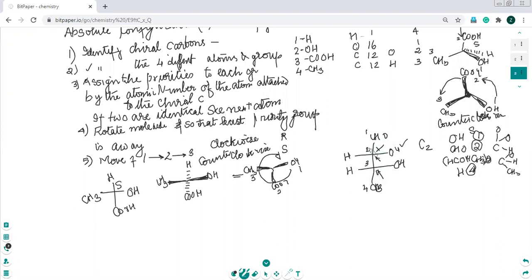Okay? So that is one method. To bring the hydrogen to the backside, what you have to do is just exchange these 3. This you bring here, and this you bring here. Okay? Now see, H we have brought to the back, OH is here, and CHO is here.